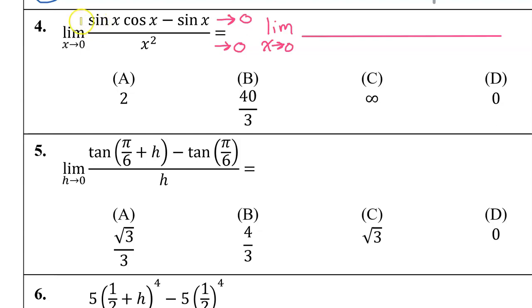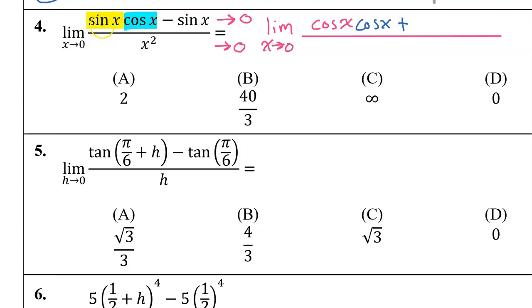Let's take the derivative of the numerator term by term. For the sine times cosine term, we're going to use the product rule. So we have the sine x and we have the cosine x. The first time through, we take the derivative of sine, which is cosine, and we leave the cosine alone. And we put a plus. Then we pass through again.